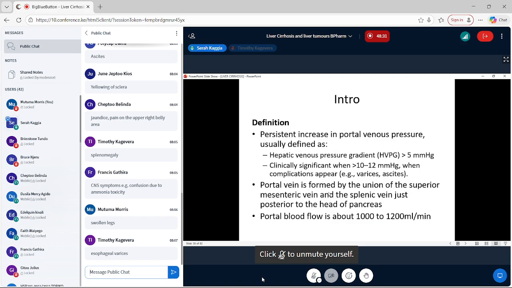The portal vein is formed by the union of the superior mesenteric vein and the splenic vein, just posterior to the head of the pancreas. Usually the portal blood flow is about 1,000 to 1,200 milliliters per minute. That's the normal when nothing is obstructed. But as we go on, when you have a disease process and this pressure is high, changes occur. This is just normal and definition.